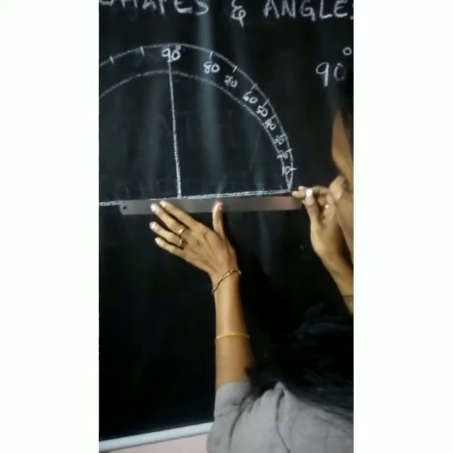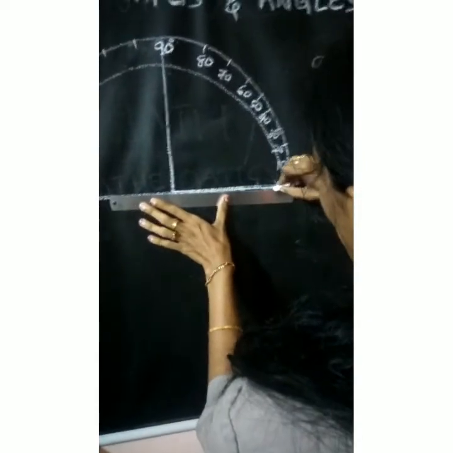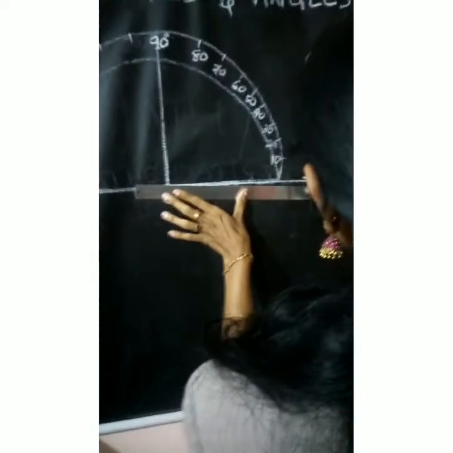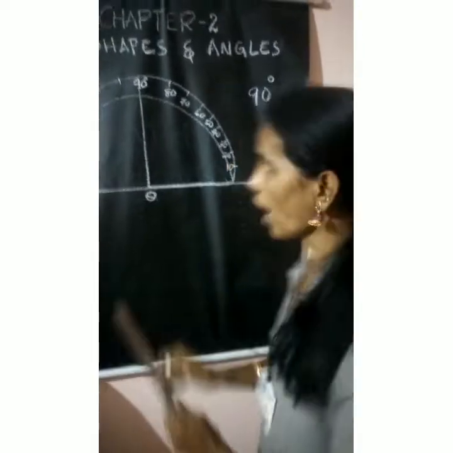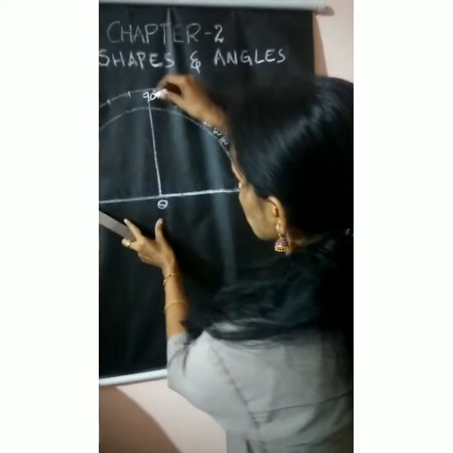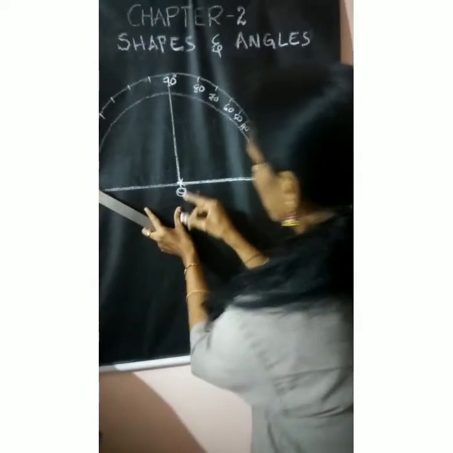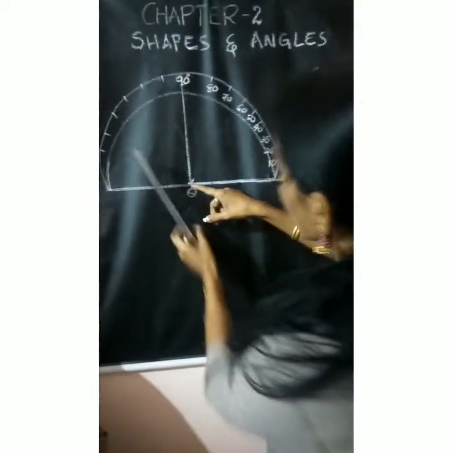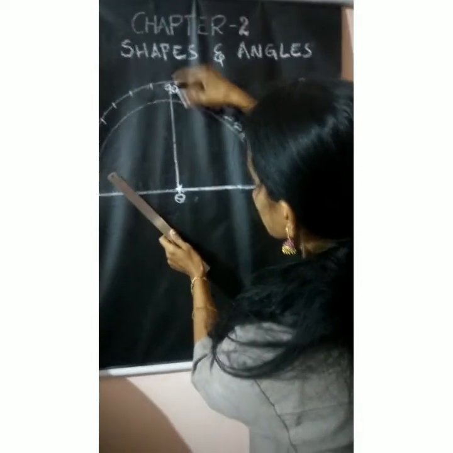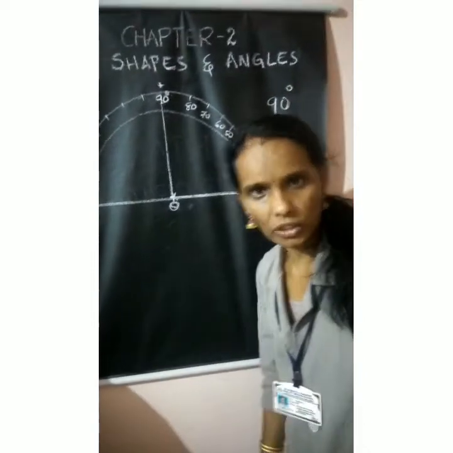First, draw a ray, which is one arm of the angle. For a 90 degree angle, we keep the protractor exactly on the end point of the ray. Wherever the 90 degree position comes, there you mark a dot.